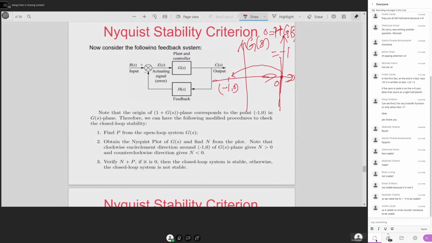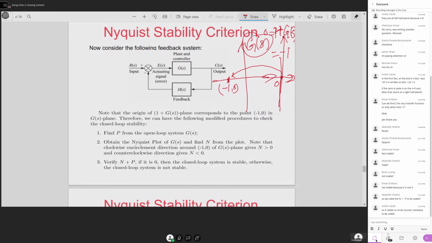Basically, this says that you just need to make a little modification. Do not pay attention to the origin. Instead, pay attention to the point -1, 0. Then you can throw the 1 plus G of S plane away.